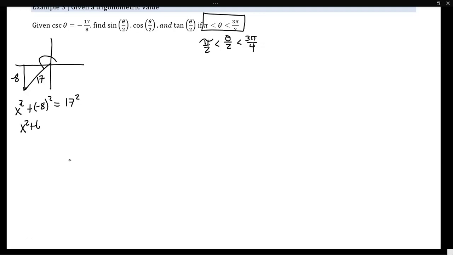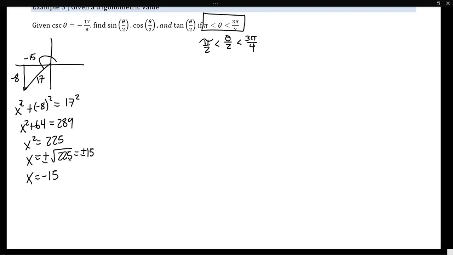So x squared is going to equal 225. And so x is going to equal plus and minus the square root of 225, which is plus and minus 15. Since the x is negative in quadrant 2 and quadrant 3, we're going to say x is negative 15.